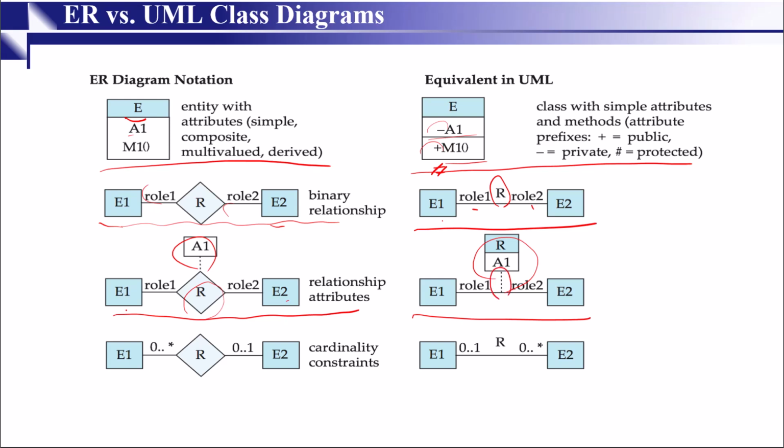Then in the case of cardinality constraints, here we have, like, 0 to many or 0 to 1, right? This indicates how many instances of one entity can relate to another. But in UML, cardinality is similarly shown on the association line here, as you can see, the same as in ER.